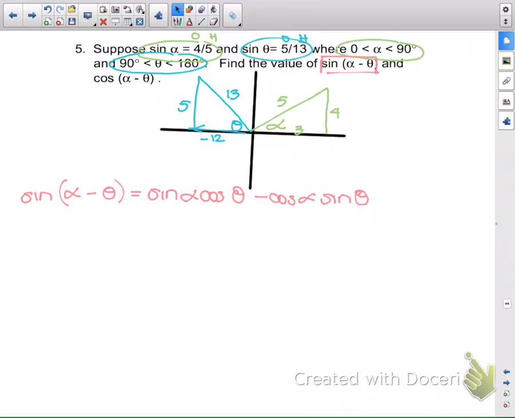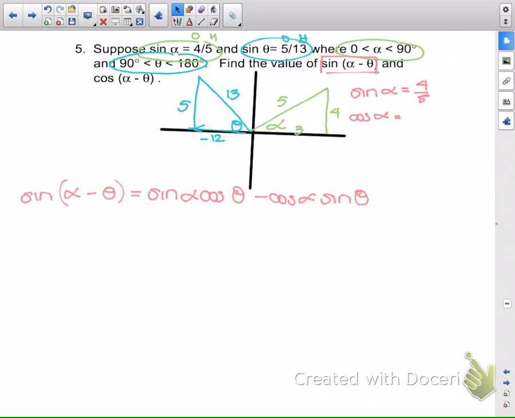Well, according to these triangles, I can have fractions that are equal to the sines and the cosines of each of those. If I come out to the side here, I know what the sine of alpha is according to this triangle. According to that triangle, sine of alpha is equal to what? 4 over 5. What other information from that triangle do I need? I need the cosine value.